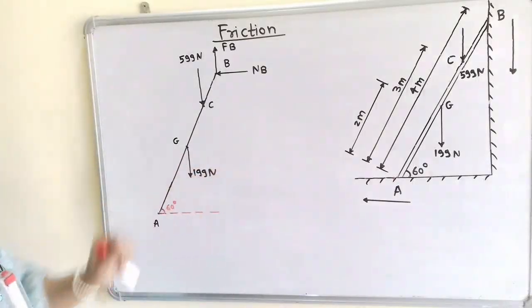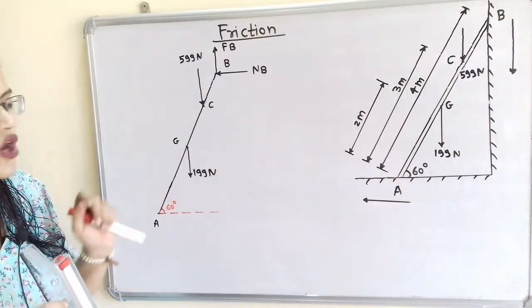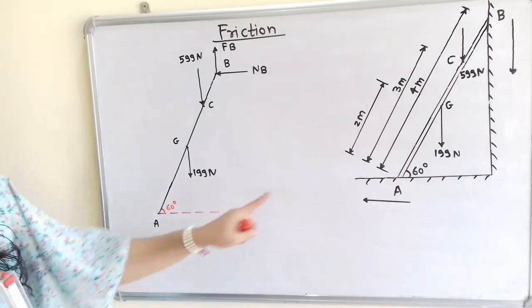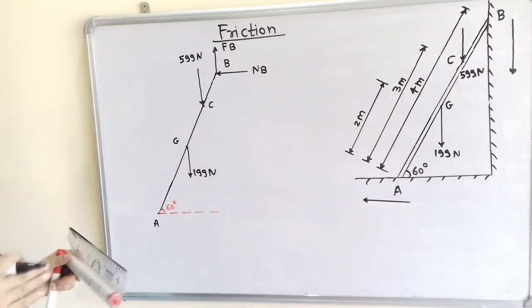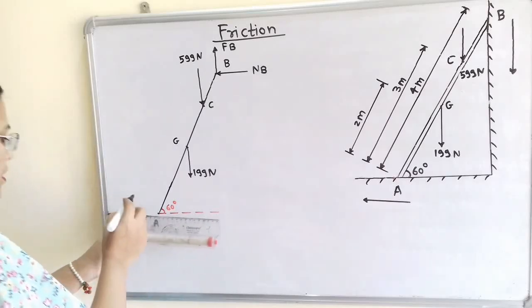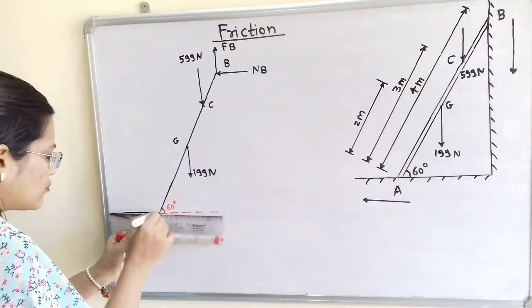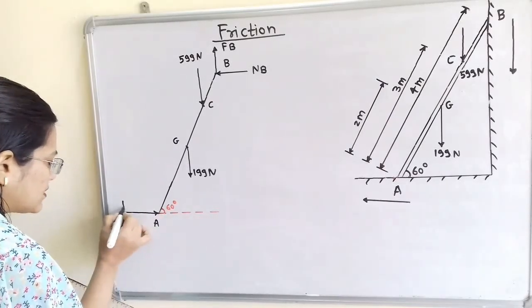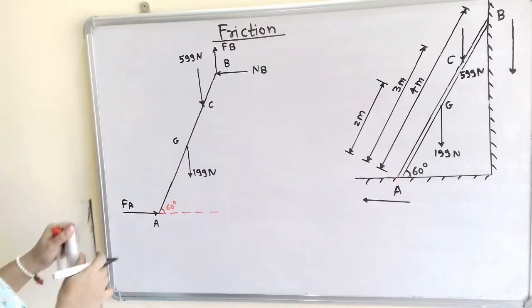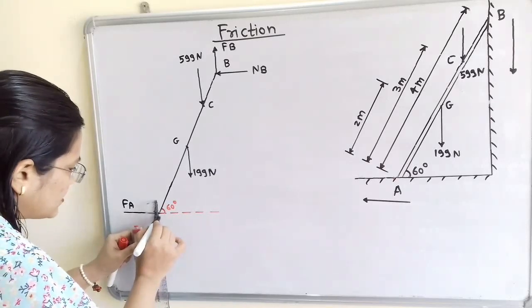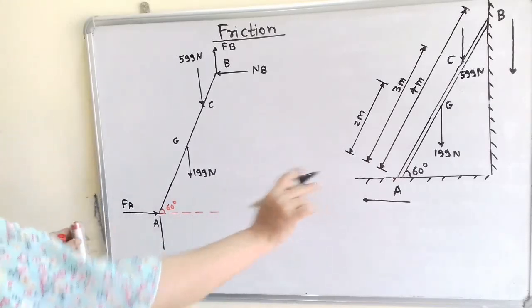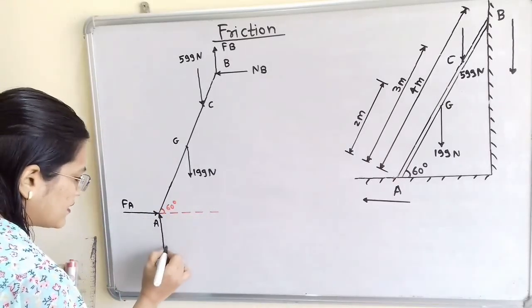Now at point A the ladder is in contact with the floor. The ladder movement at A is towards the left-hand side, so the frictional force will be in the opposite direction, that is FA. The normal reaction will be perpendicular to the surface, that is the vertical line because the surface is horizontal, and that is NA.